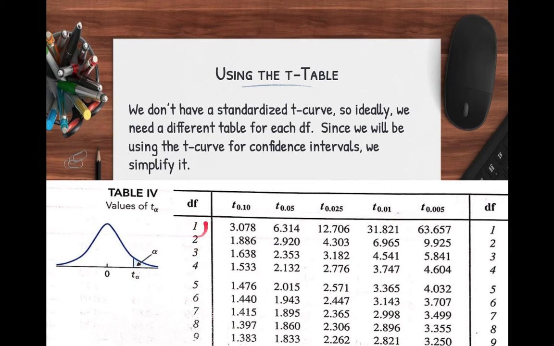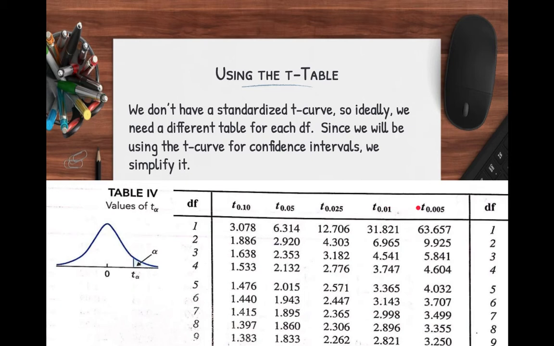So if we look at 1 degree of freedom, you notice if we're going to 0.005, that would be a 99% confidence interval. That t value is 63.657. Versus with the normal, you're pretty close to your 3 right there, because 3 standard deviations has pretty much everything.